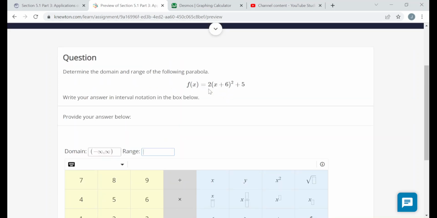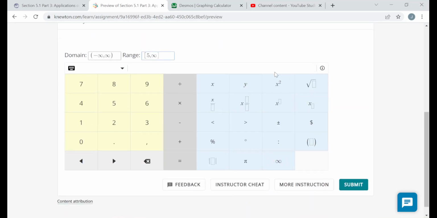Now this is opening up. See the positive 2, the lead coefficient will be positive. So the range is from whatever the y value of the vertex is to infinity. So I'm going to put a left bracket. The y value of the vertex would be this plus 5 here. The x value would be -6, but the y value of the vertex would be 5. So we're going from 5 to infinity. And just close it with parentheses.